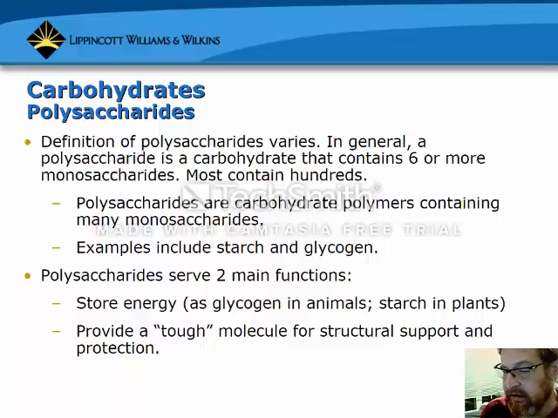The starch in a potato is quite a bit of glucose. It's just a whole bunch of glucoses all strung together. So when you break down starch, you get a whole lot of sugar in your system.